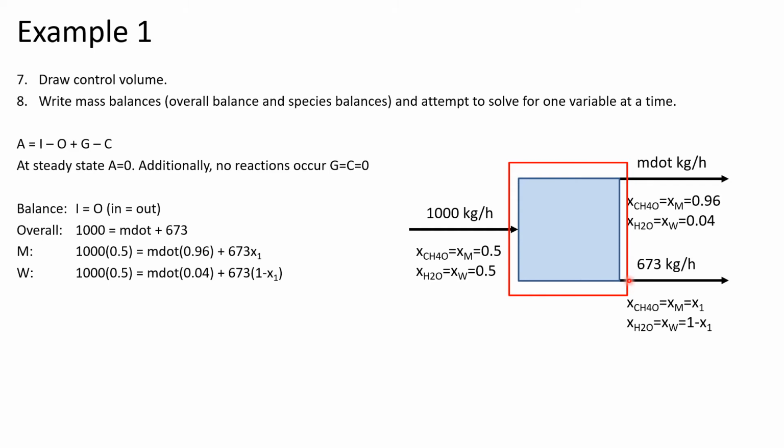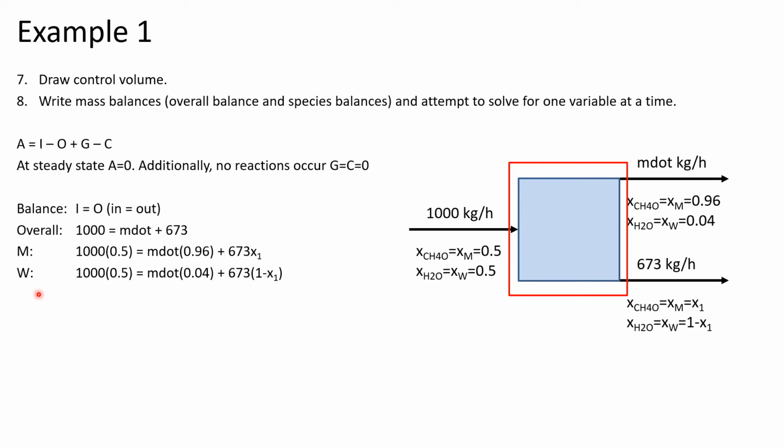We keep on going around the control volume. The bottom product, its total flow rate is 673, and the amount of methanol in that stream is represented by the variable x1. So we'll add the product of x1 and 673. We'll add that to the other output of methanol to complete our balance. So the methanol balance is written here: what comes in, the flow rate times the composition, is going to be equal to what comes out, the flow rate times the composition for each of the streams coming out. This is the methanol balance.